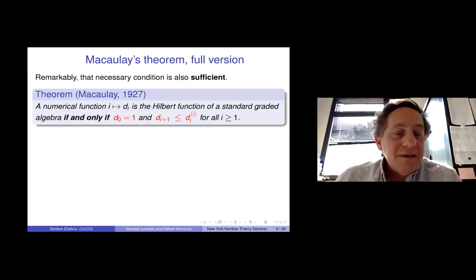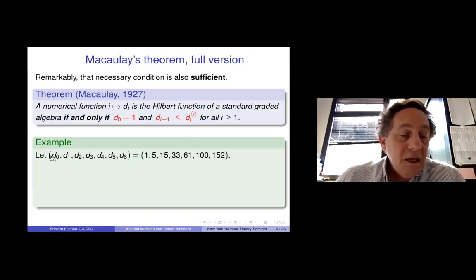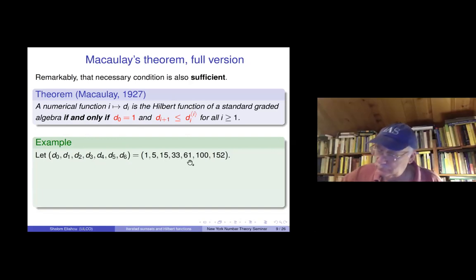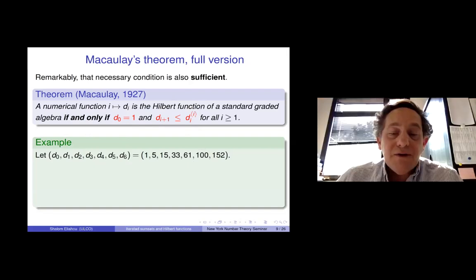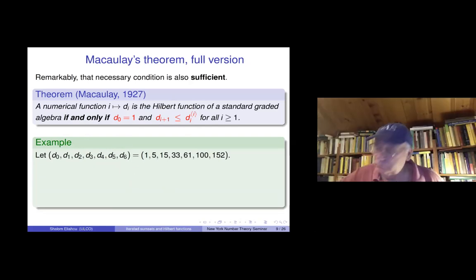Let me give an example. Let me just give 7 numbers: 1, 5, 15, 33, 61, 100 again. This is the piece of degree 5, and 152 as the 6th number in the sequence.